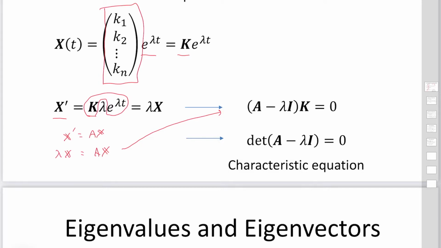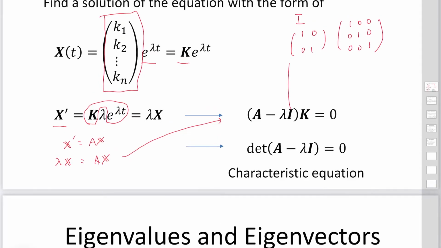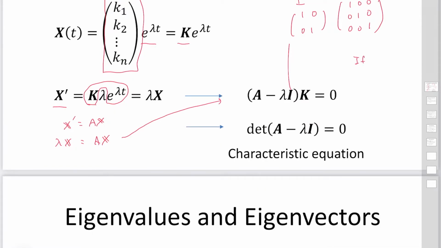In the case of a 2 by 2 matrix, it is 1 0 0 1, or for 3 by 3, 1 0 0, 0 1 0, 0 0 1. These are unit matrices I. If the inverse of the matrix A minus lambda I exists, then by multiplying by the inverse, we could find that K becomes 0.